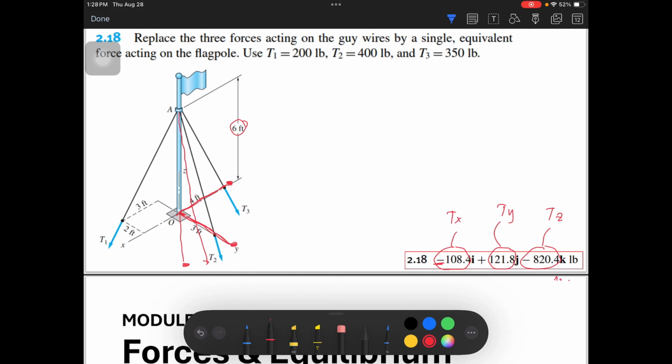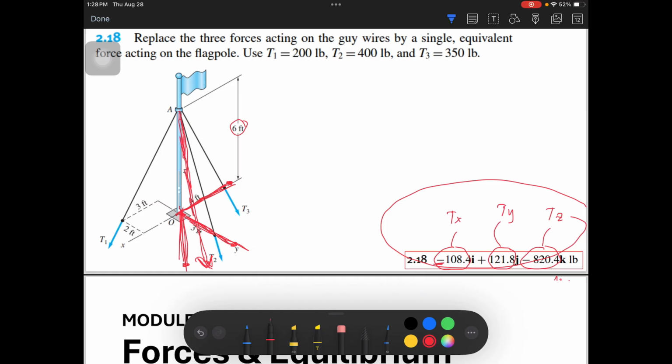Nasa baba siyang ganun. It is, syempre, in between ng tatlong axis dito. Yan ang resultant natin. Okay. So, since ito naka-rectangular form, pwede mo ring i-resultant.